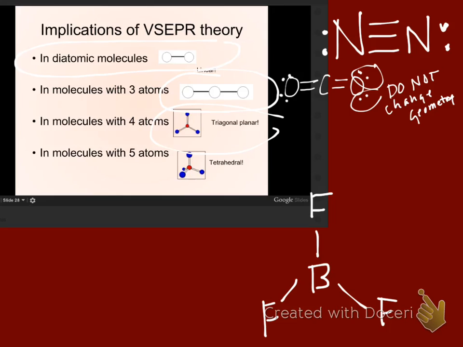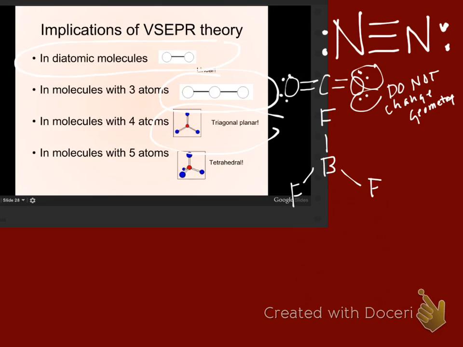Now, if we have 5 atoms, it gets a little bit more complicated. If we have 5 atoms, that's when they tend to push out of the flat plane.